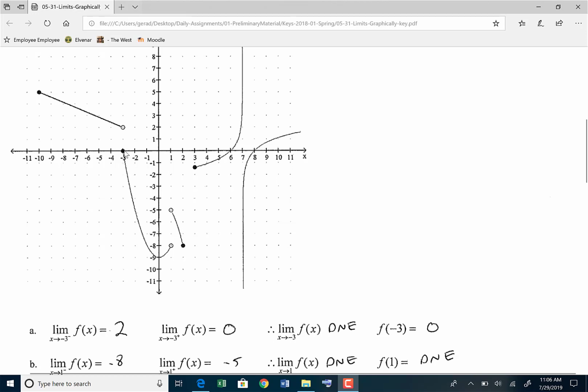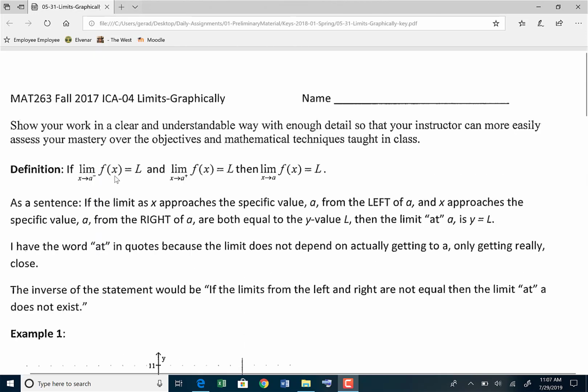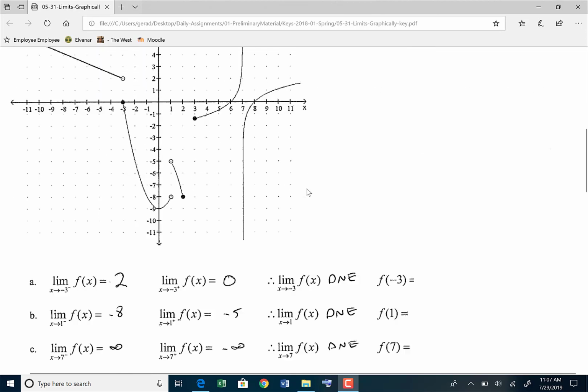As that graph gets close to negative 3, it's getting close to the y value of 0. And our definition at the top says if those are not the same, then the limit doesn't exist. So one side is going to 2, one side is going to 0. They're not the same. It doesn't exist.